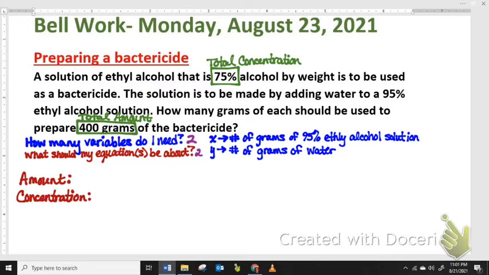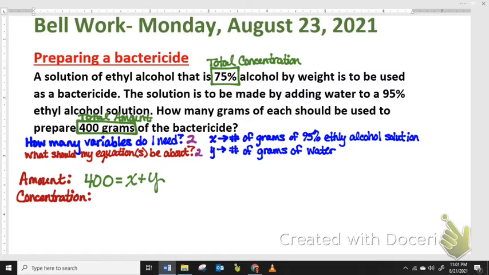I want a total of how much? 400. That's my total. It doesn't matter whether you begin or end, but I have 400 on a side by itself, right? How do we get to a total of 400 grams? X plus y. Grams of this ethyl alcohol solution together with grams of water gives me a total of 400 grams. So far, so good?